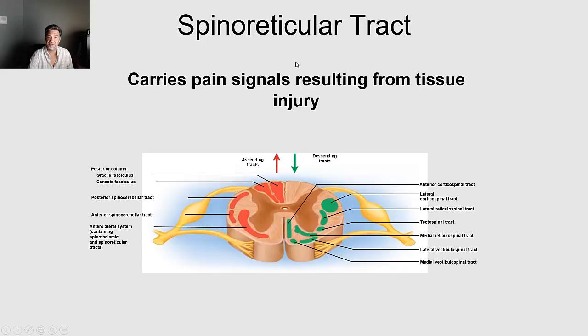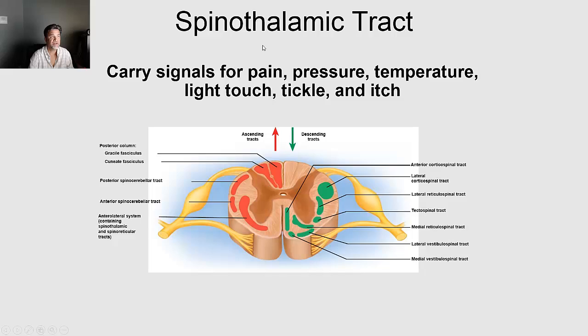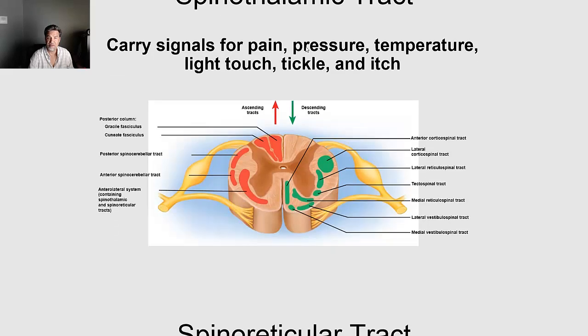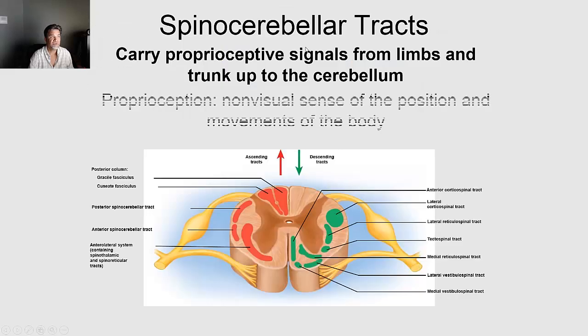The reticular ends up in the region of the brainstem called the reticular formation, and this is going to end up in the thalamus. So you can see with these three tracts that they're named in a particular way, and we'll see this again when we talk about descending tracts. So to define proprioception, once again, it's non-visual sense of the position of the body.